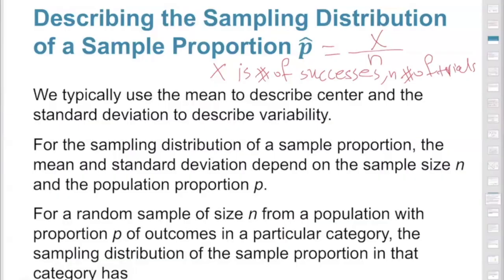So if you return to the binomial distribution, you can estimate p hat, the proportion or the probability of success, by X, the number of successes, divided by the number of trials.